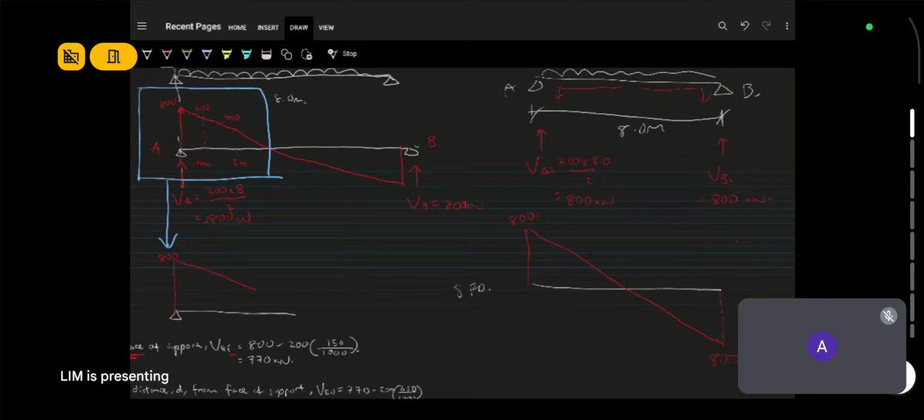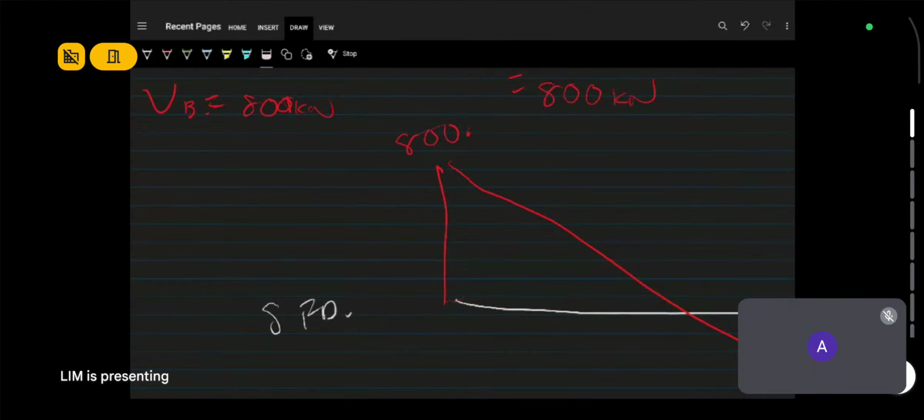However, this shear force of 800 is at the support. Our support is actually 300 mm wide.